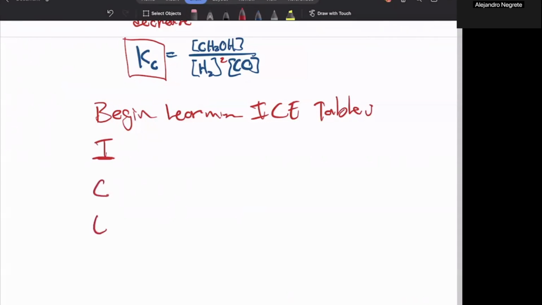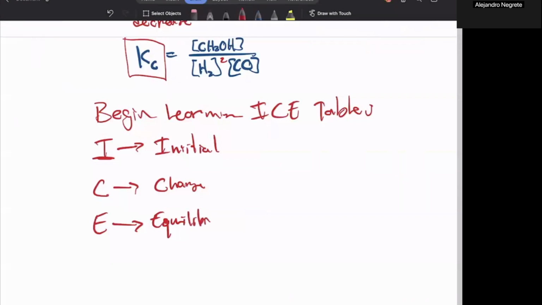ICE is just an acronym for what we're going to be doing here. I is our initial concentration, C is some change in concentration that we're going to make, and E is the concentrations when we reach equilibrium.